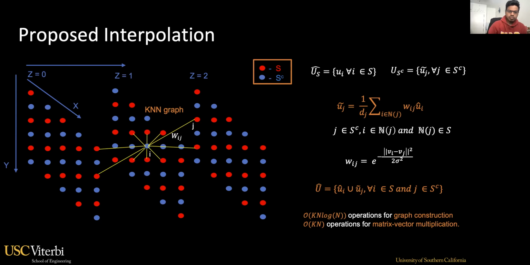This operation can be implemented with O of kn log n operations for graph construction and O of kn operations for filtering, which is graph filtering. So basically it's a matrix vector multiplication. Both sampling and interpolation methods are quite efficient.